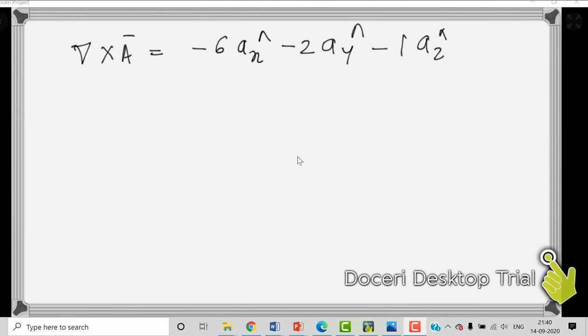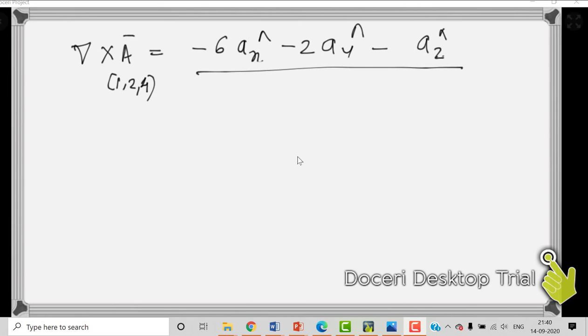So this is your final equation of del cross A at point 1 comma 2 comma 4. If the point is not given, then this is our final term.